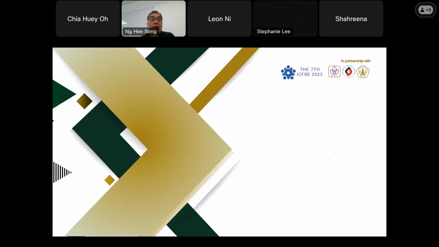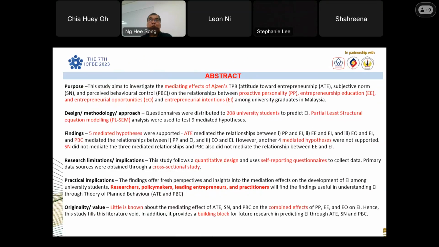So this is what I presented to the Sarawak audience. It's a small audience, roughly 100 people only. But most of the participants are from the state government, the Sarawak government, and also the Journal of Small Business Management from the US.